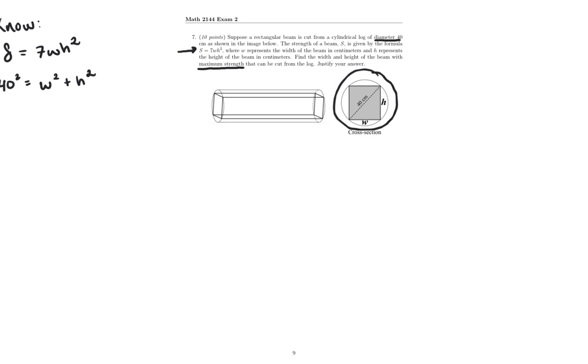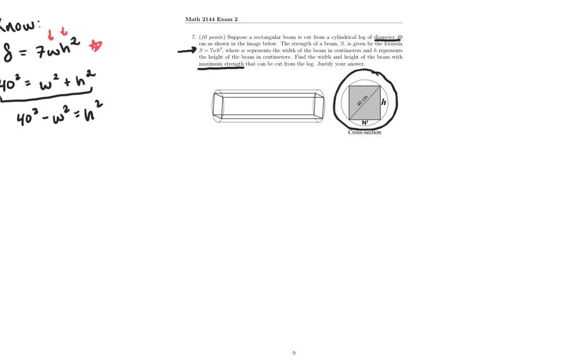Okay, so now I want to maximize this formula right here. I only want to work with one input value, right? Right now I'm working with W and H, so I want to write one in terms of the other. Using this constraint equation, I can write 40 squared minus W squared is equal to H squared.